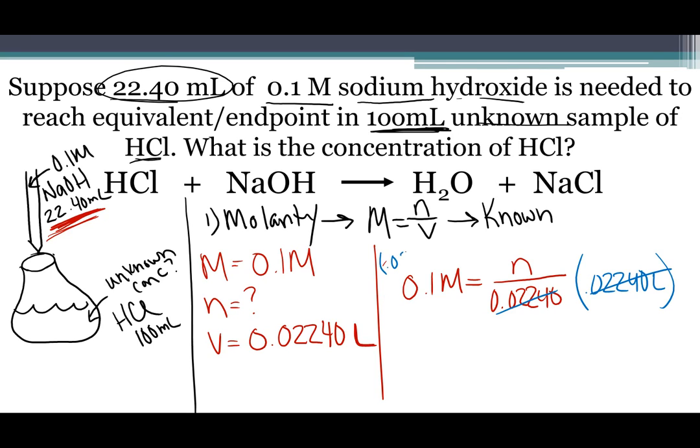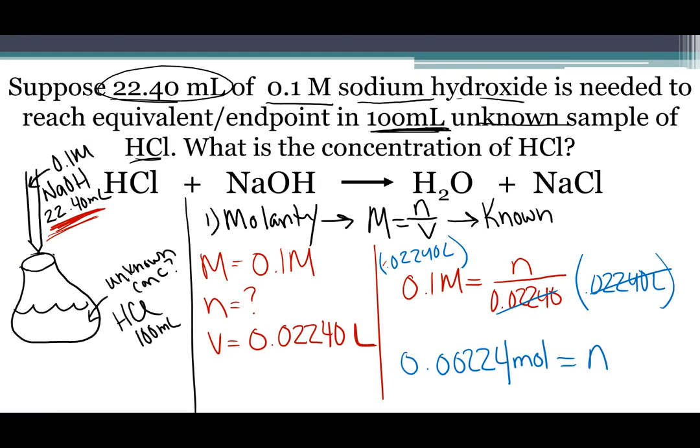So 0.0224 liters. Okay. So N equals 0.0224 times 0.1 equals 0.00224, and the unit is moles.